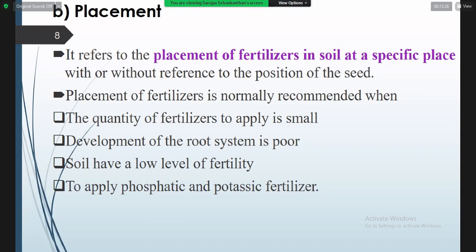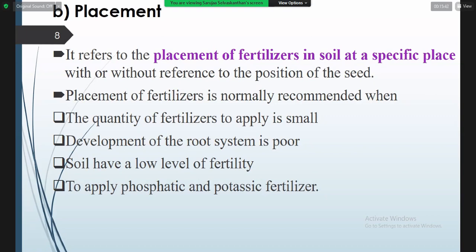Second, when the development of the root system is poor. When root development is very poor, you make some holes and apply the fertilizer near the tree, so the roots develop very well.